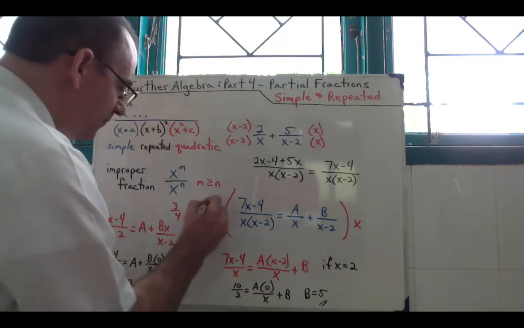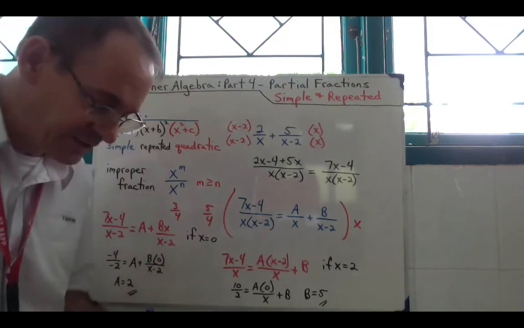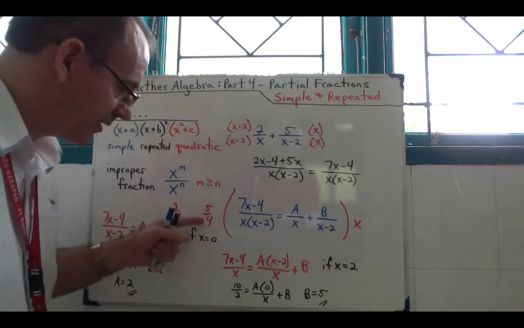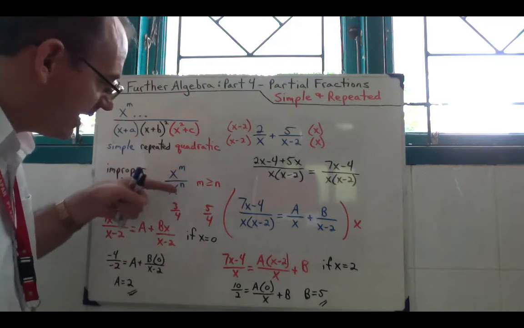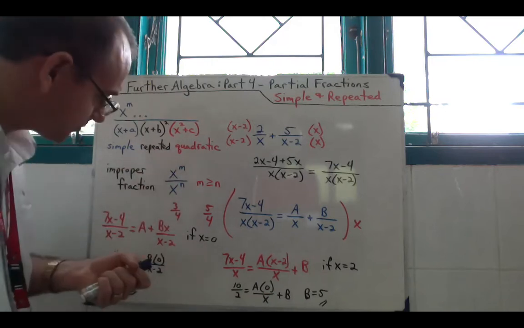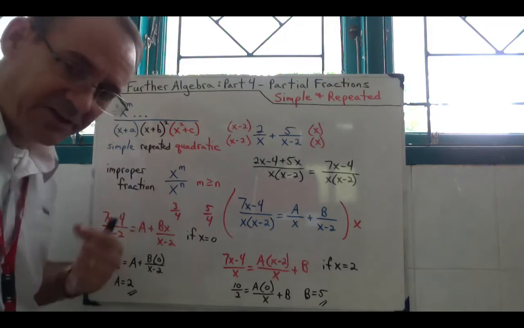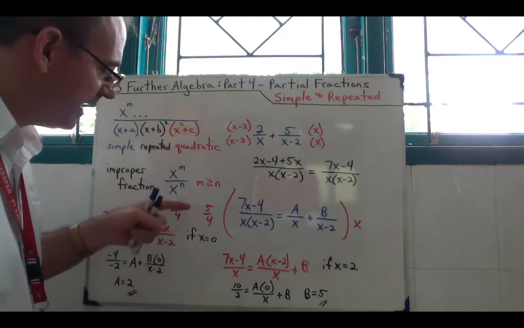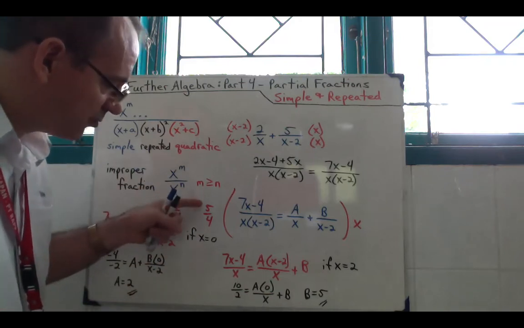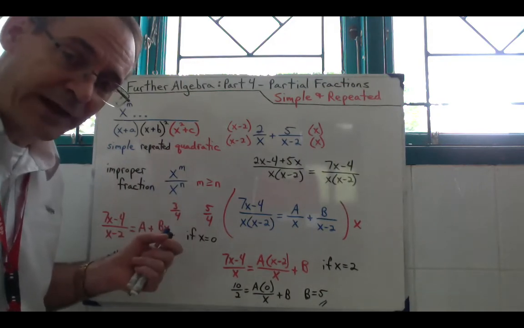If you have 5 over 4, well, that's an improper fraction because the numerator is bigger than the denominator. So what we're looking at are the exponents. If the exponent on top is less than the exponent on the bottom, it's a normal fraction. But if the exponent on the top is greater than the exponent on the bottom, it's an improper fraction.